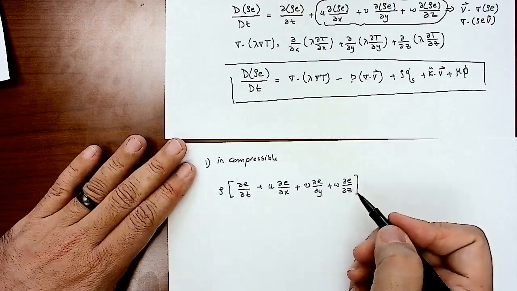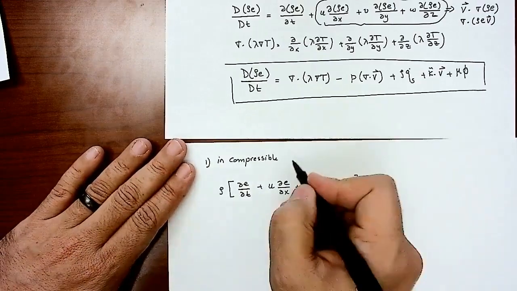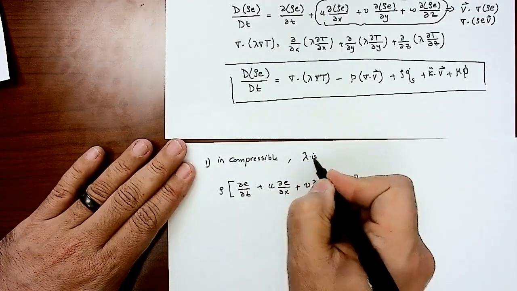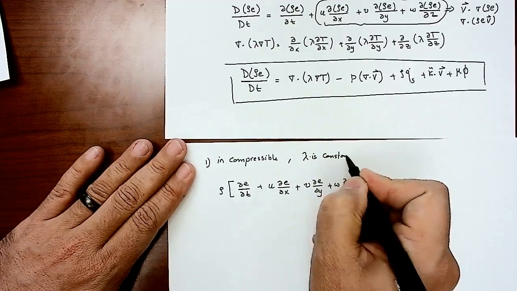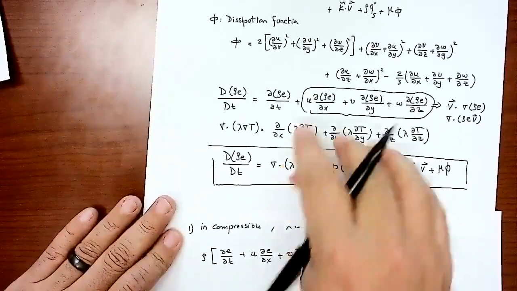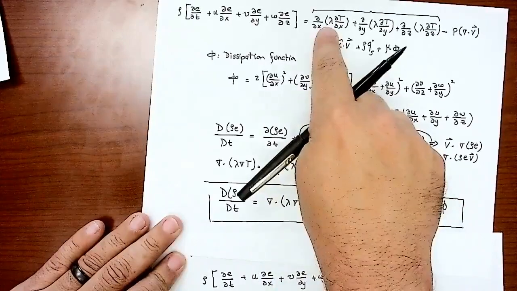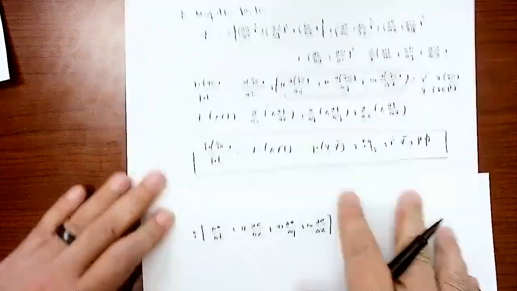So it's incompressible. Let's also assume that lambda is constant. This means that lambda here can come out, and I will have the second derivative of temperature.